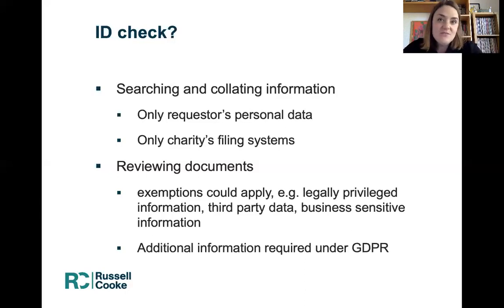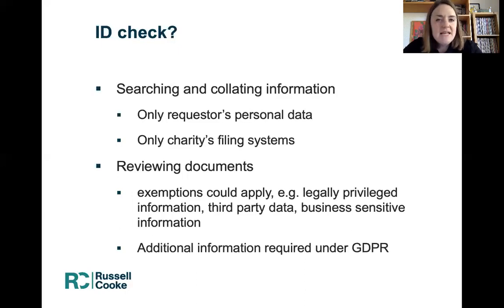In most cases, WhatsApp isn't sanctioned as a work mode of communication, and actually it's more likely that staff have just set up a WhatsApp group between them for their own personal use, and that's not part of the charity's filing systems. If, though, the charity did decide it was going to use WhatsApp for a particular service, and therefore, accepting that it's part of their own systems, then those messages would fall within the scope of the subject access request.